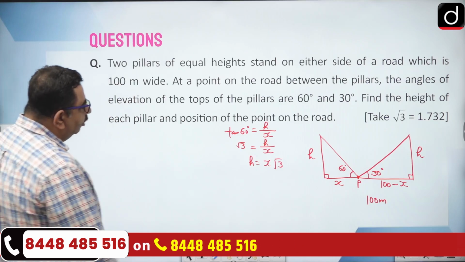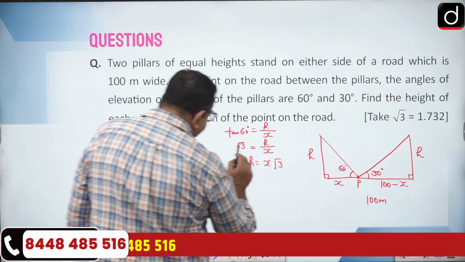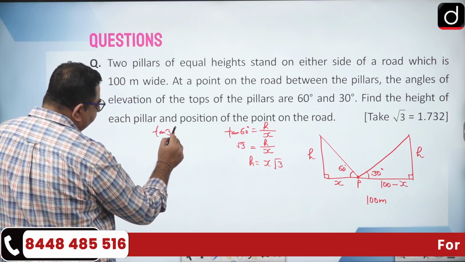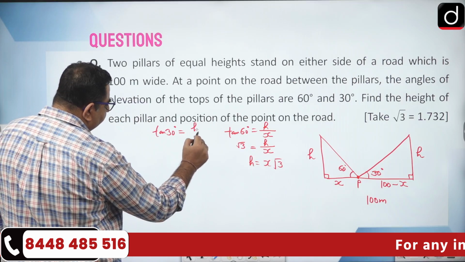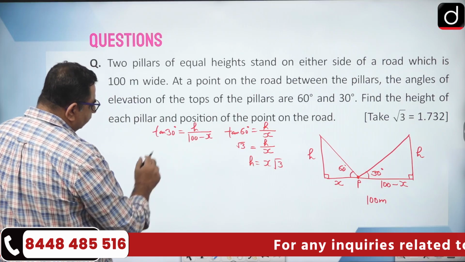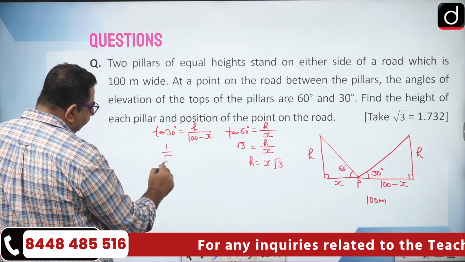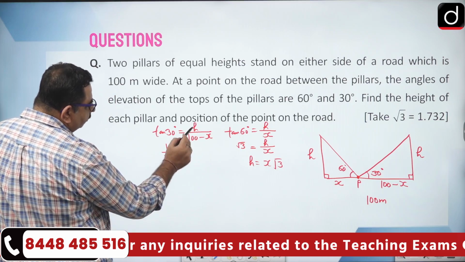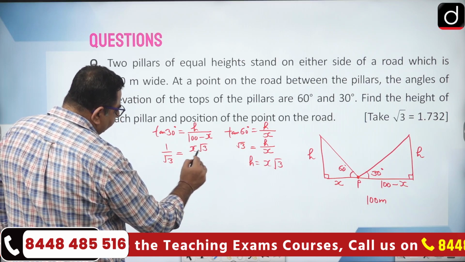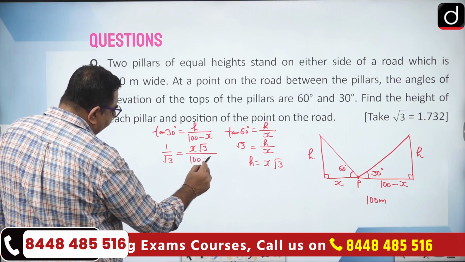right? Now when you apply tan theta in this triangle, then it is tan 30°, that is equal to h upon 100 minus x. Now tan 30° is 1 by root 3. Now in place of h I can write x root 3 divided by 100 minus x.